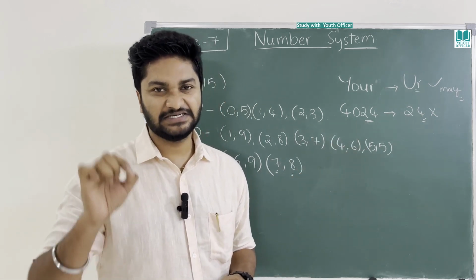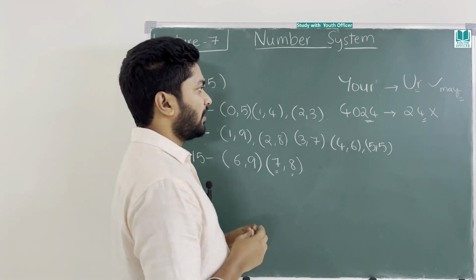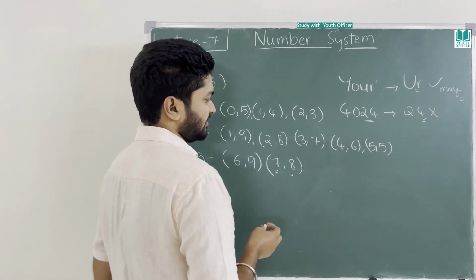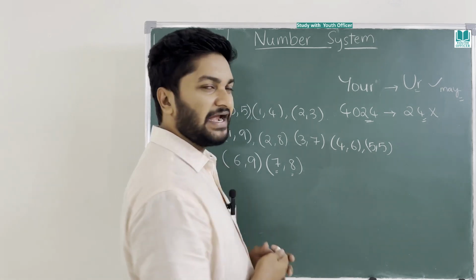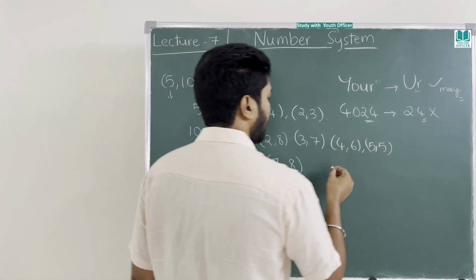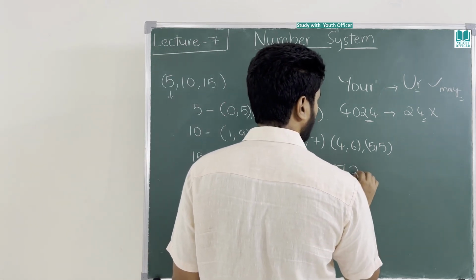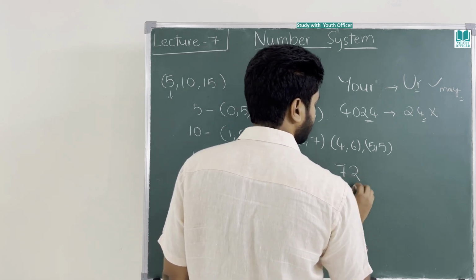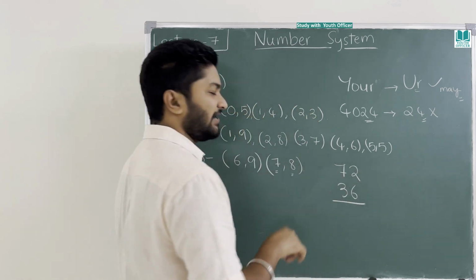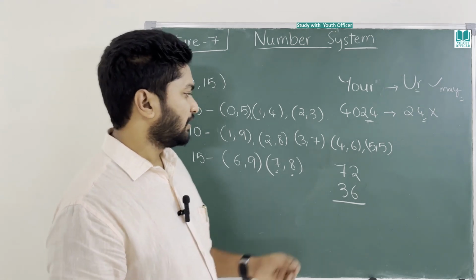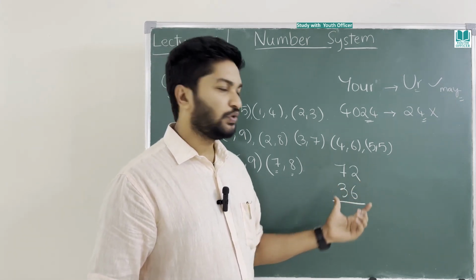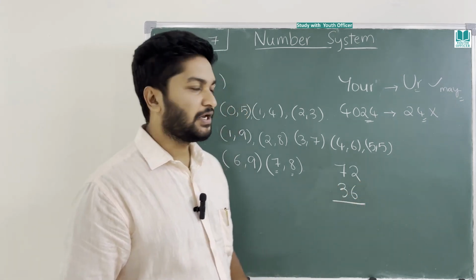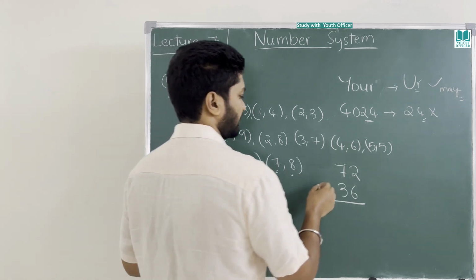Write it. And now, when it comes to additions, what exactly are you doing in additions? Let us take 72 and 36. If you add them, what do you think? You're adding 72 to 36, right? No, it's not like that.